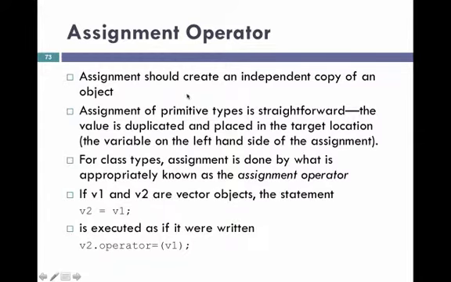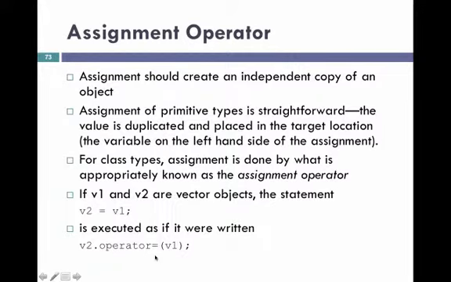Now an assignment operator should create an independent copy of an object. An assignment of primitive types is straightforward. We get a duplicate value. For class types, assignment is done by what's known as the assignment operator. And if v1 and v2 are vector objects, then an assignment such as this statement is going to be executed as if it were written this way.